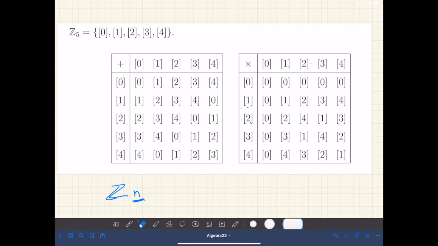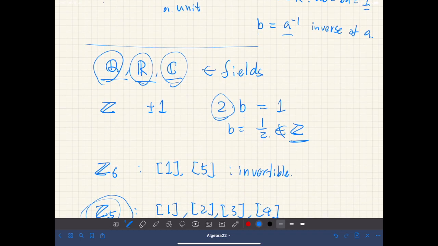All we need to see is whether this table is symmetric. So 2, 2, 3, 4, 3, 4, 1, 1, 4, 3, 4, 3, 2, 2, 1, so it is commutative. Therefore this is a field. And the set of integers is not a field, obviously, because not all non-zero elements have their inverse.